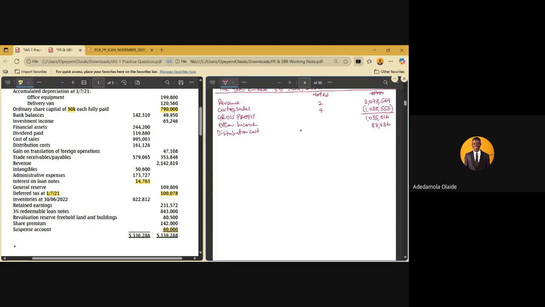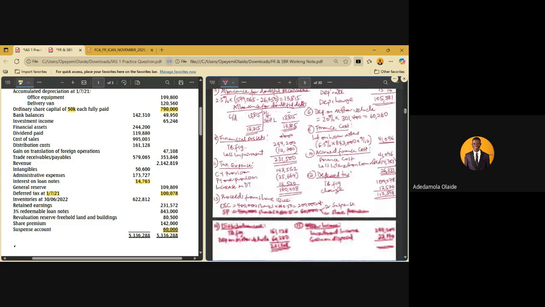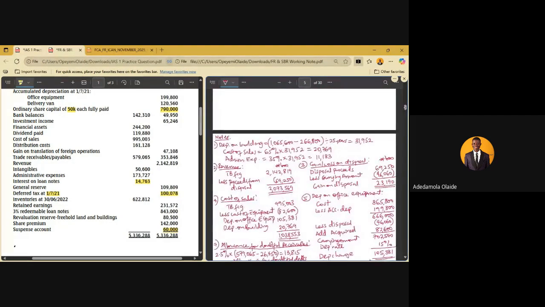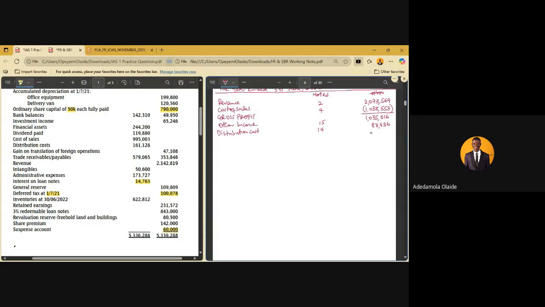Distribution cost will be note 14. This is note 15, which is how much? 221,408. Then after distribution cost, we have what?